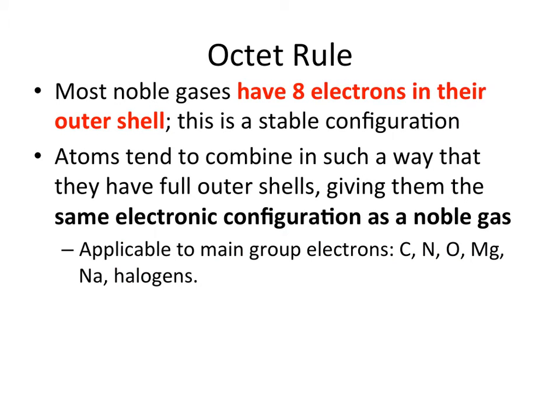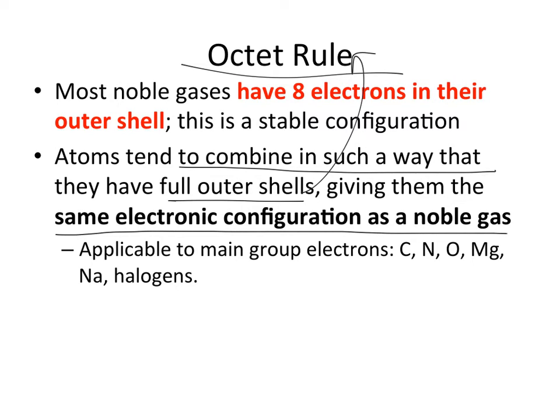Now, when we're going to be talking about ions and elements, and if they gain or lose electrons, we're going to be following something called the octet rule. It basically states that the noble gases have 8 electrons in their outer shell, and a lot of the elements want to have the same configuration. So they combine in such a way that they have full outer shells, or what we say, an octet. One thing that people get confused on is that they say they become noble gases.